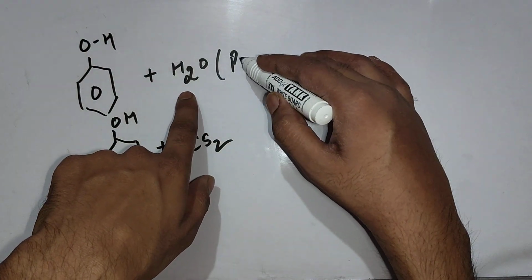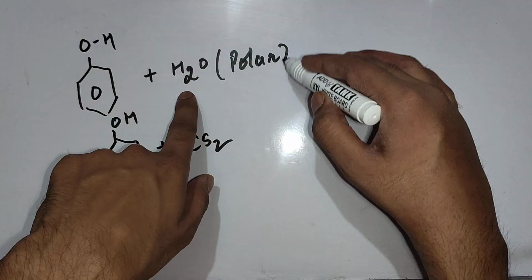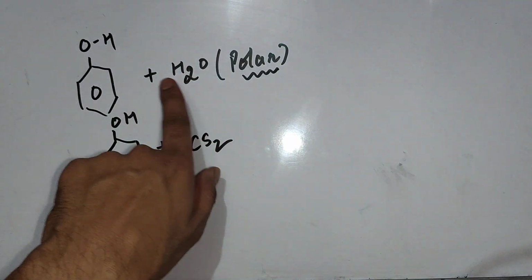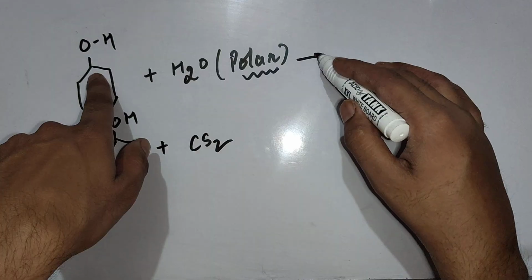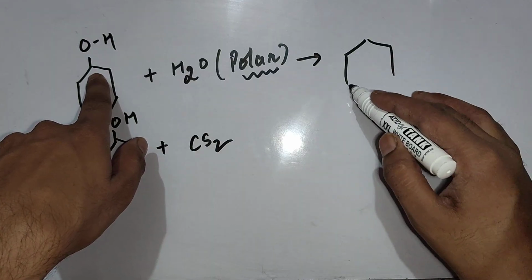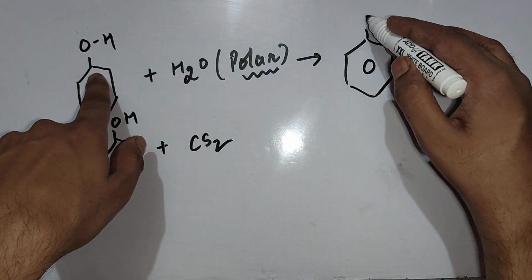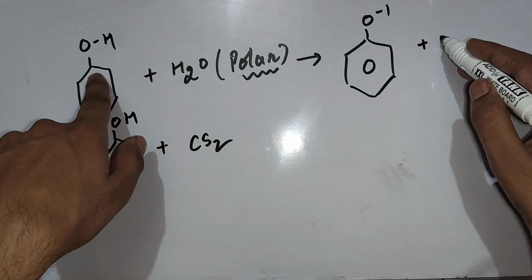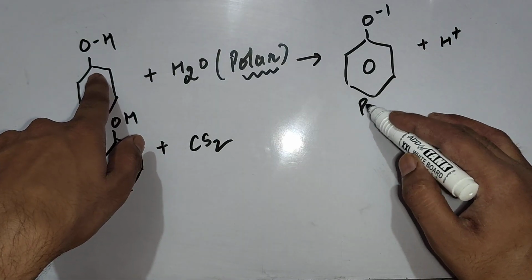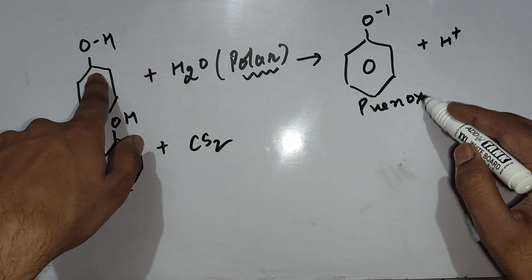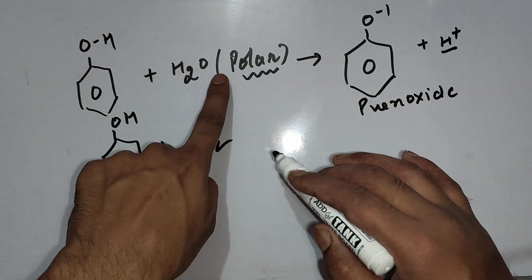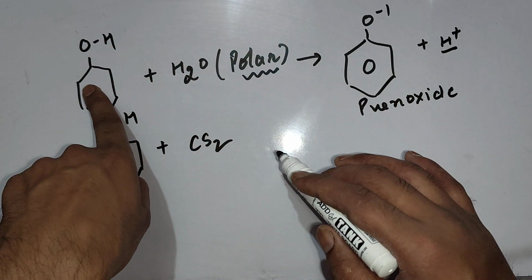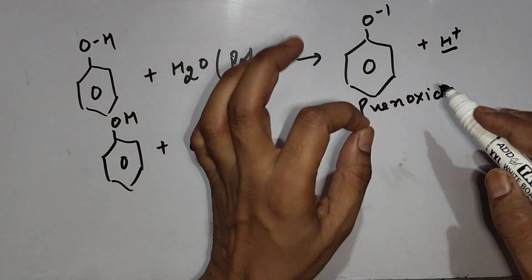Because water is a polar solvent, in water, phenol particles will dissociate to give us this phenoxide ion and hydronium ions. It means in water, phenol particles will convert themselves to phenoxide ion.